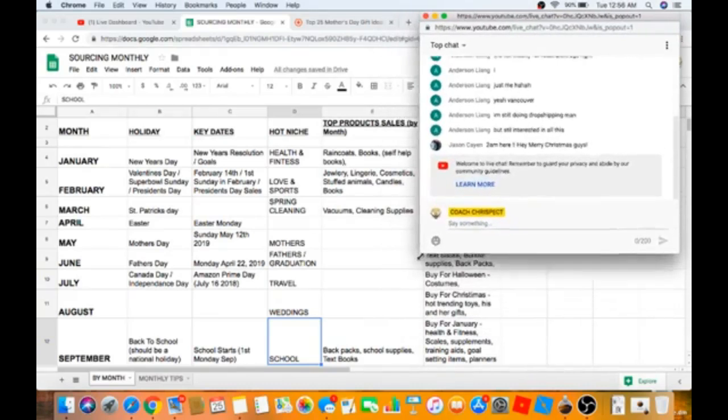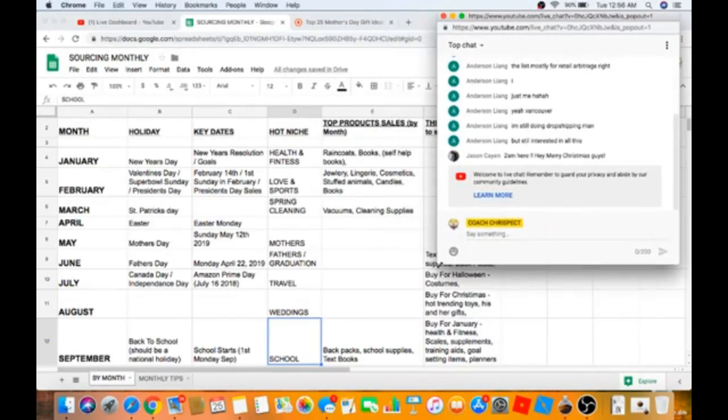So yeah, retail arbitrage, private label, either business model that you do, this will apply to both, because I do both retail arbitrage and private label. So this tool is going to apply to both. And like I said, what is important is that you are looking at your retail arbitrage products and looking at some of those products that fall in the generic category.